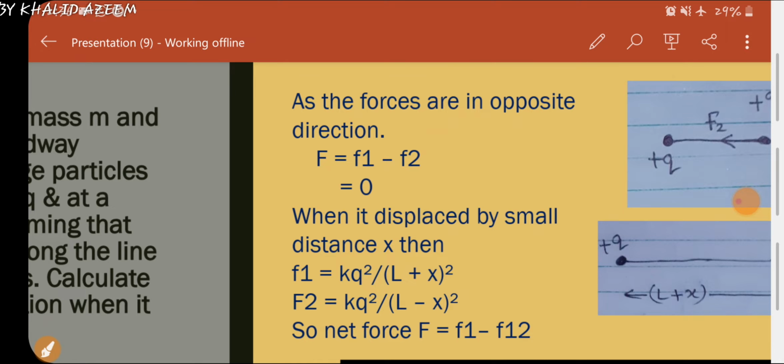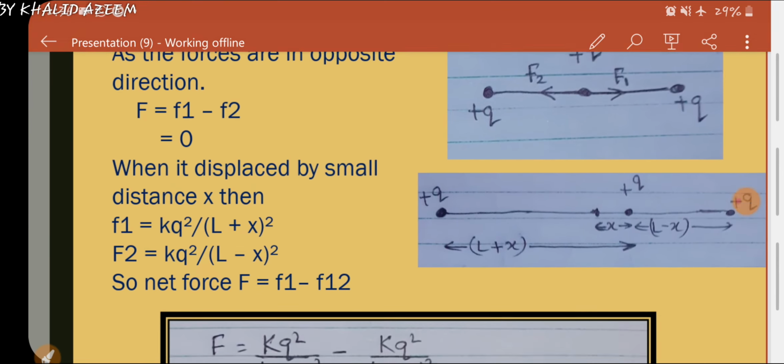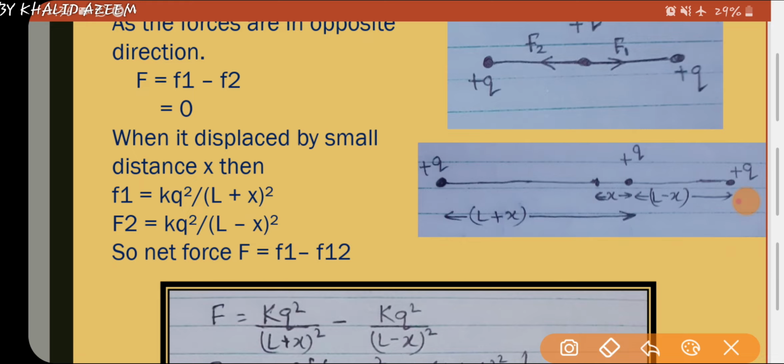Now it is displaced by a small distance x. Take a look at the diagram. Initially it is in this position and it is displaced by a small distance x. So the distance between this plus q and this plus q will become L minus x, and the distance between the other two will become L plus x. So F1 will be given by kq square upon L plus x to the power 2.